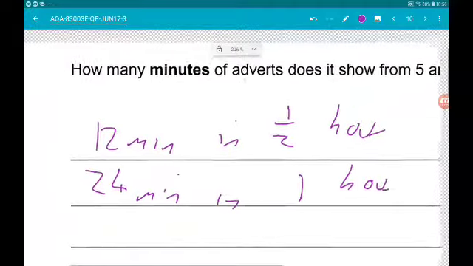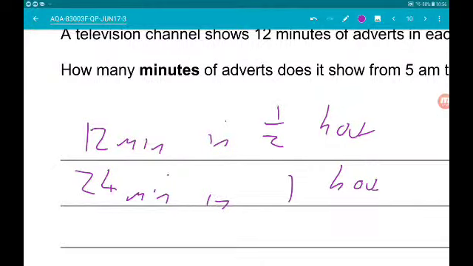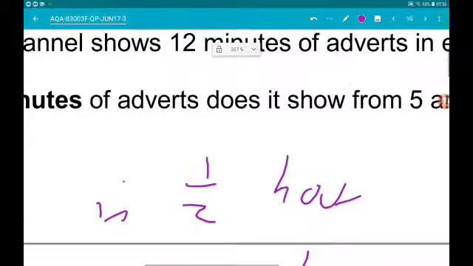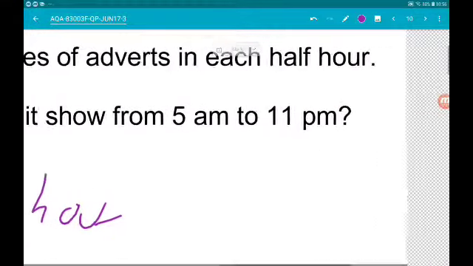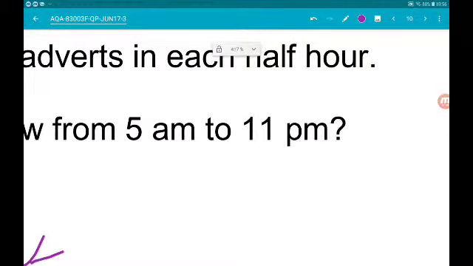So what we then need to know is how many hours are there between, now be very careful here because we've got 5 AM and 11 PM.